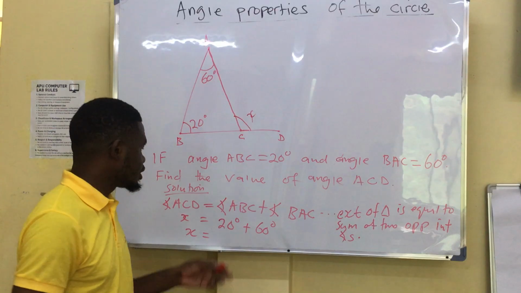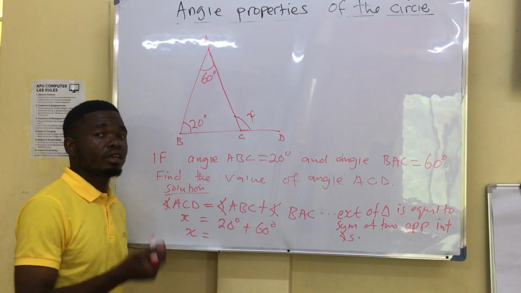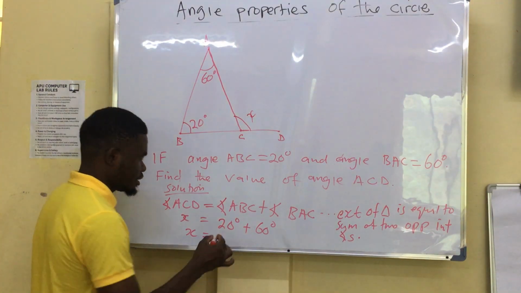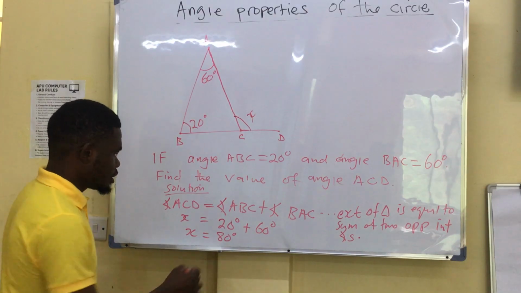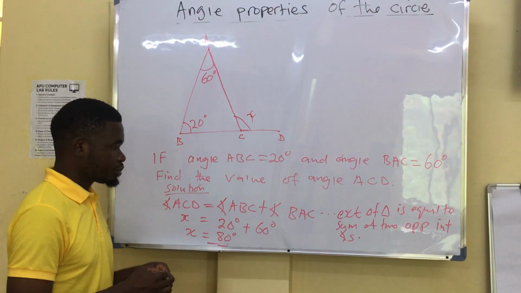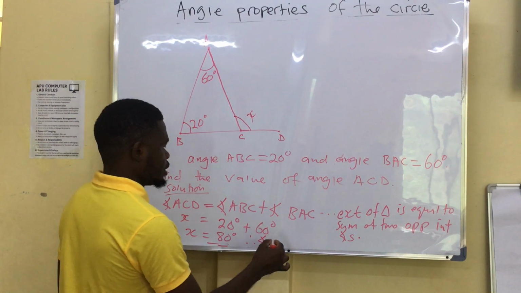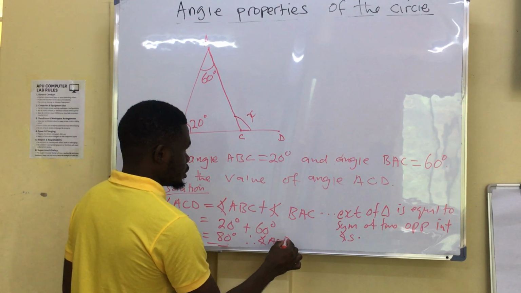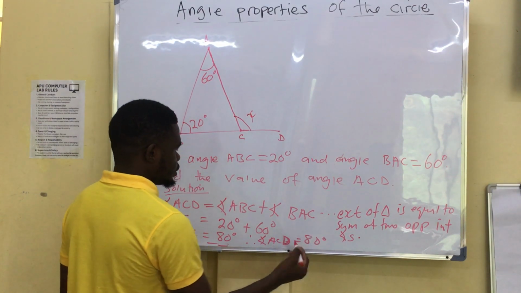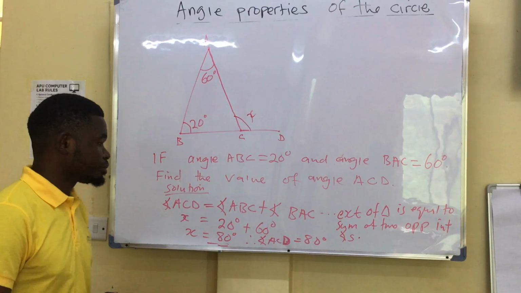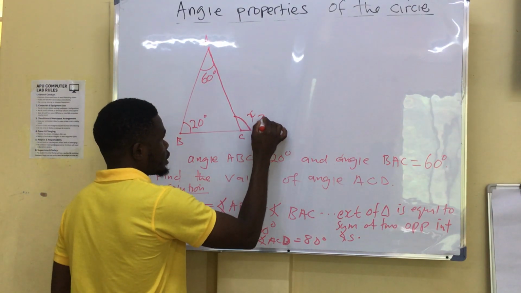They are like terms. 20 degrees plus 60 degrees is what? Simple mathematics, it's 80 degrees. Remember to put the degree sign. That's the answer. Therefore, angle ACD is equal to what? 80 degrees. You are done. Right? So, here is 80 degrees.